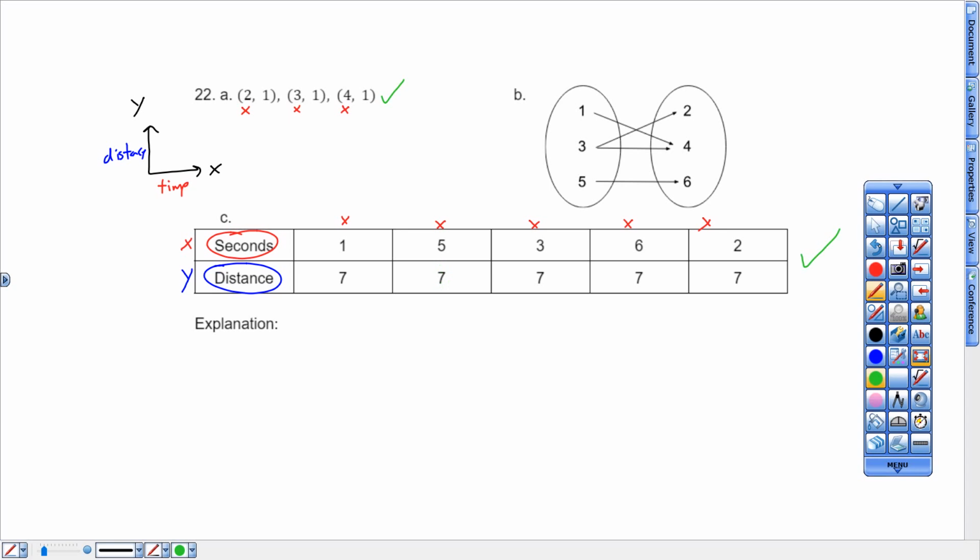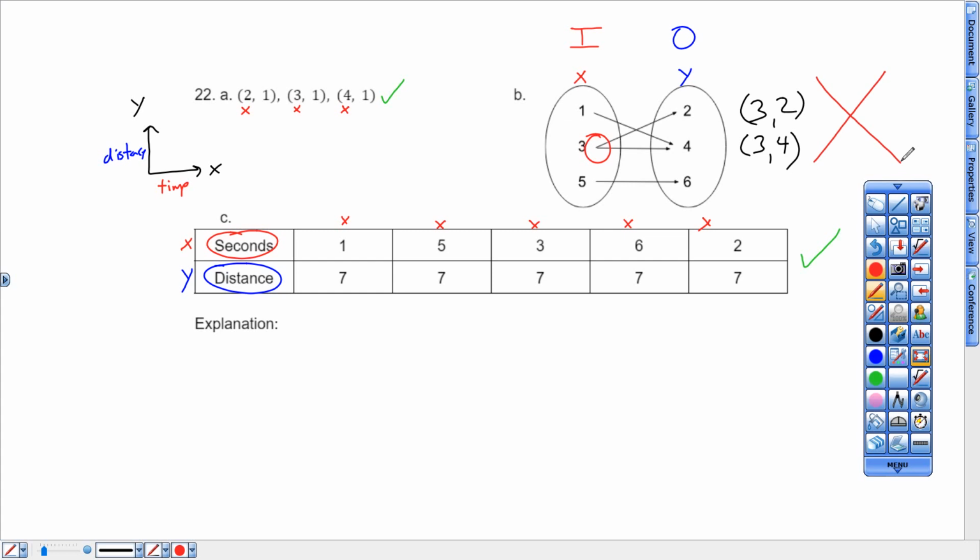None of those repeated. So for this table, this input-output table, these numbers are the x numbers. These are the y numbers. And if I look at number 3 right here, 3 has 2 arrows shooting out of it. So that's showing that one 3 is given a 2 and another 3 is given a 4. That cannot be. That is not a function.